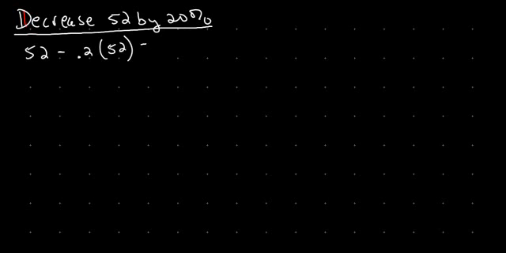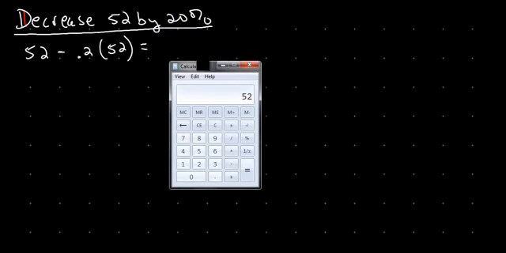So let's do the multiplication first. 0.2 times 52 equals 10.4.